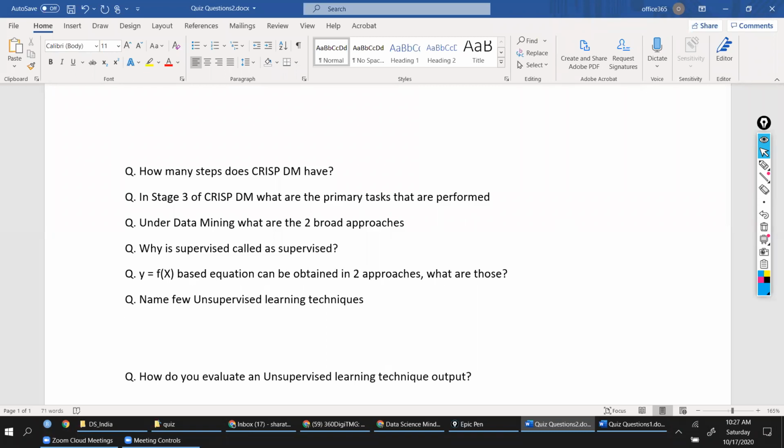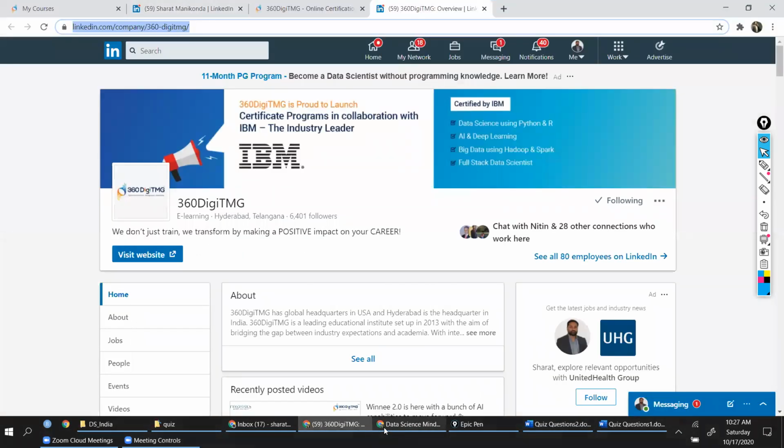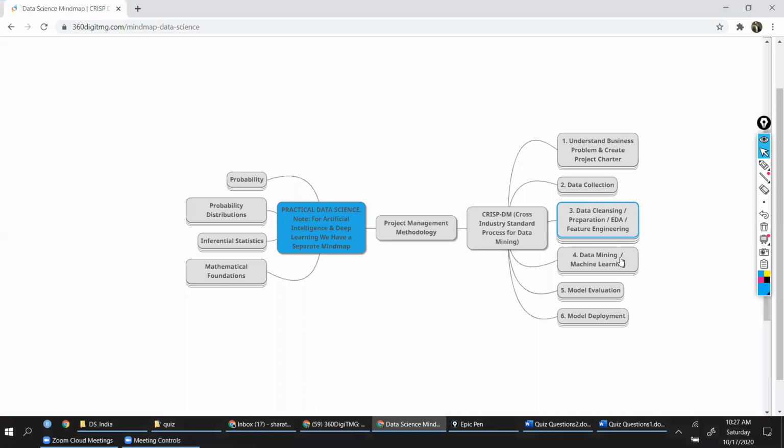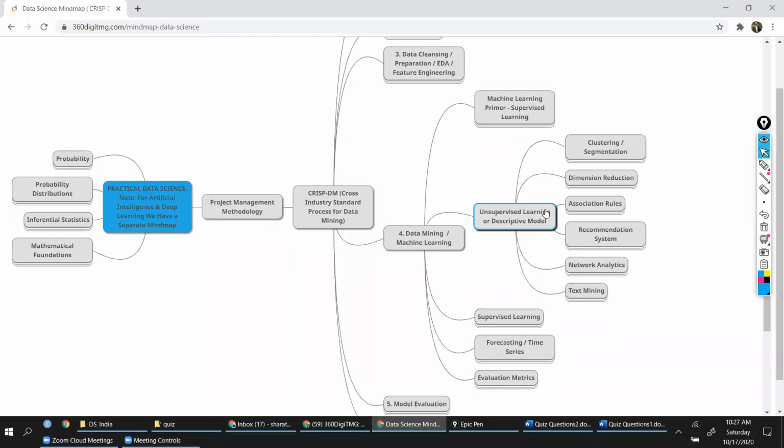You have to refer to the mind map. It would be easy for you to refer to the mind map. Under data mining, we are talking about machine learning. You have supervised and unsupervised learning. If I open my unsupervised learning, you can see there are a bunch of techniques which are posted here.